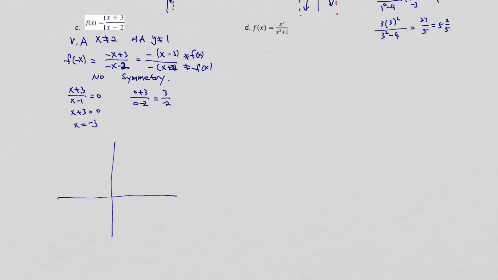So vertical asymptote 2, horizontal asymptote 1. This is 1, this is 2. And then you have no symmetry, x-intercept negative 3, and y-intercept negative 1.5.